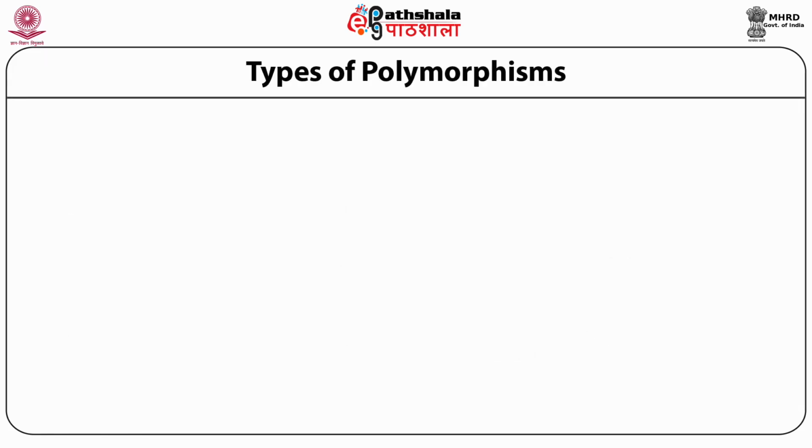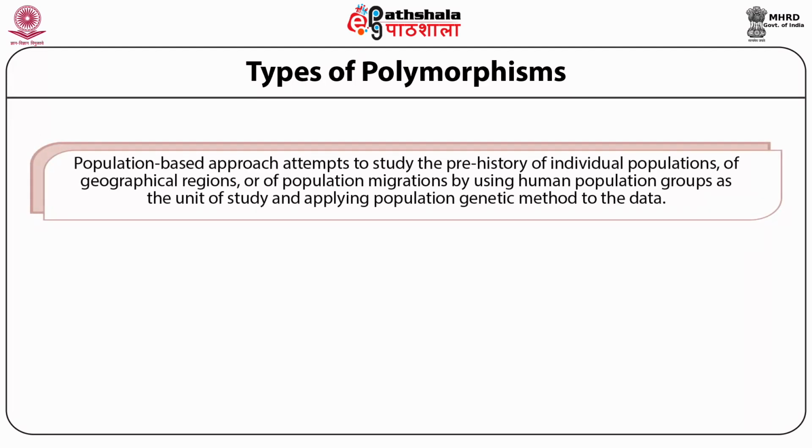The second is the population-based approach, which attempts to study the prehistory of individual populations of geographical regions or of population migration by using human population groups as the unit of study and applying population genetic methods to the data.